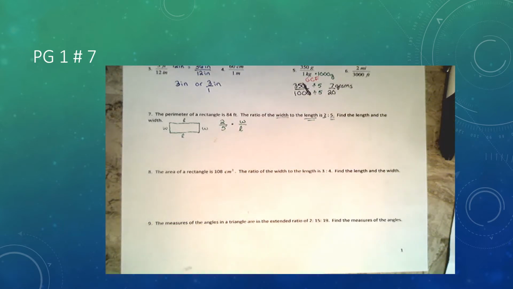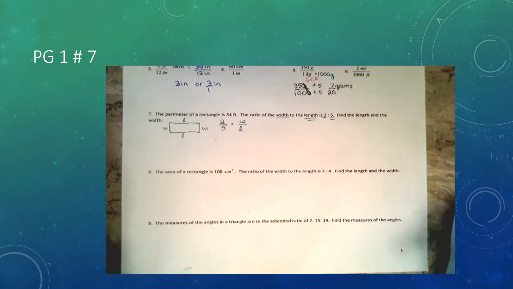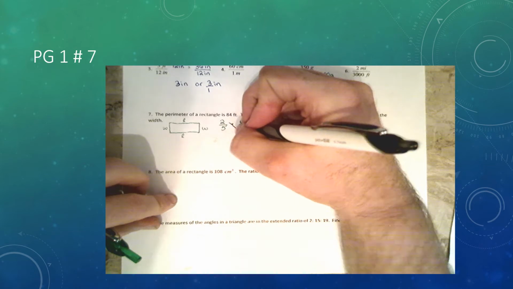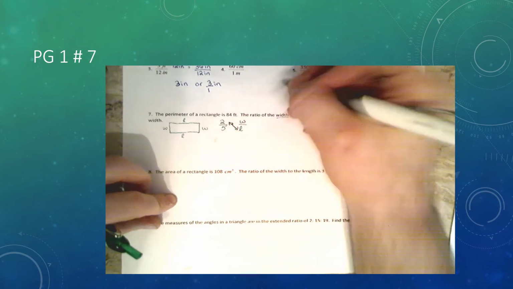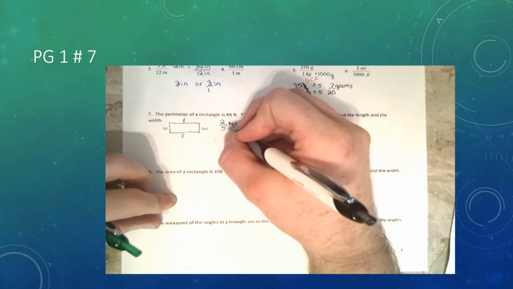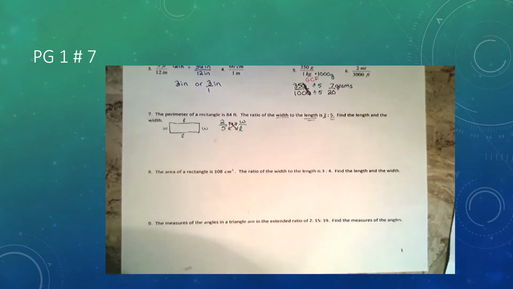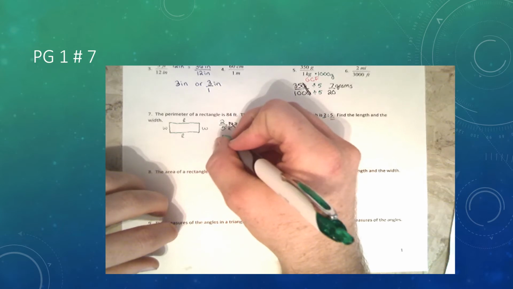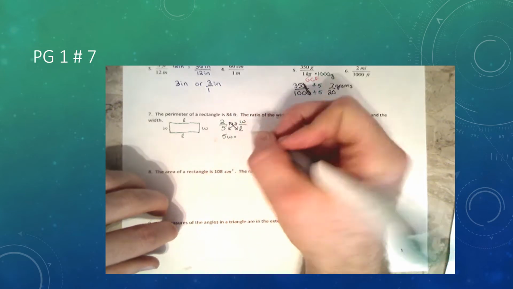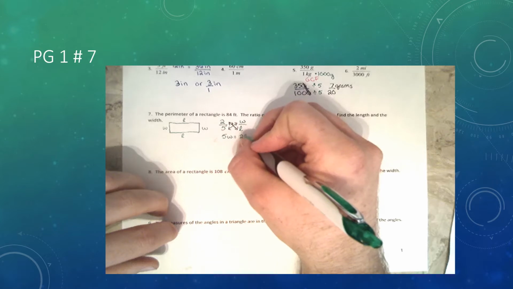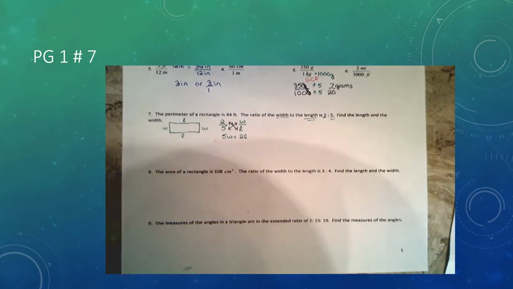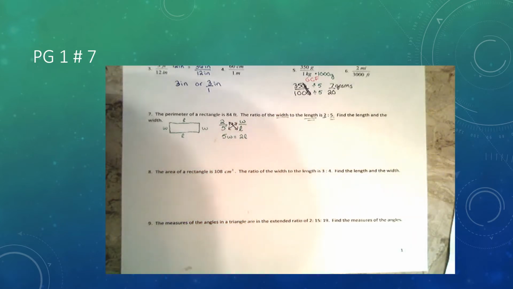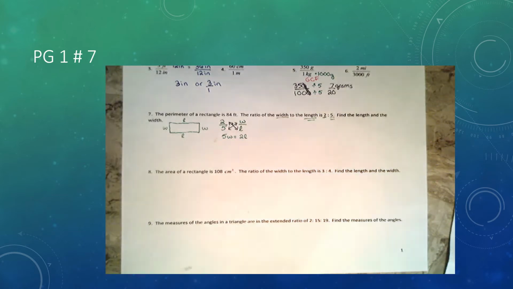So what I'm going to do next is cross multiply. So I'm going to do 2 times L and 5 times W. So what you have is 5W equals 2L. Now I want to get one of them by themselves, either the length or the width.